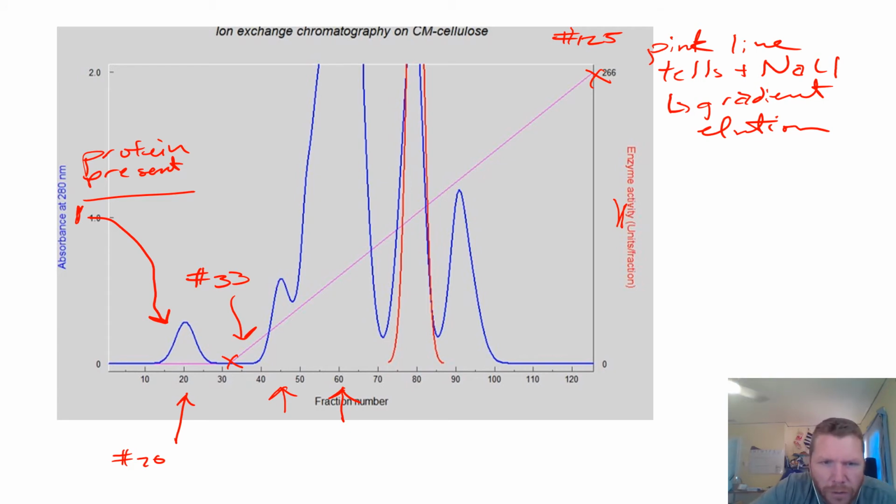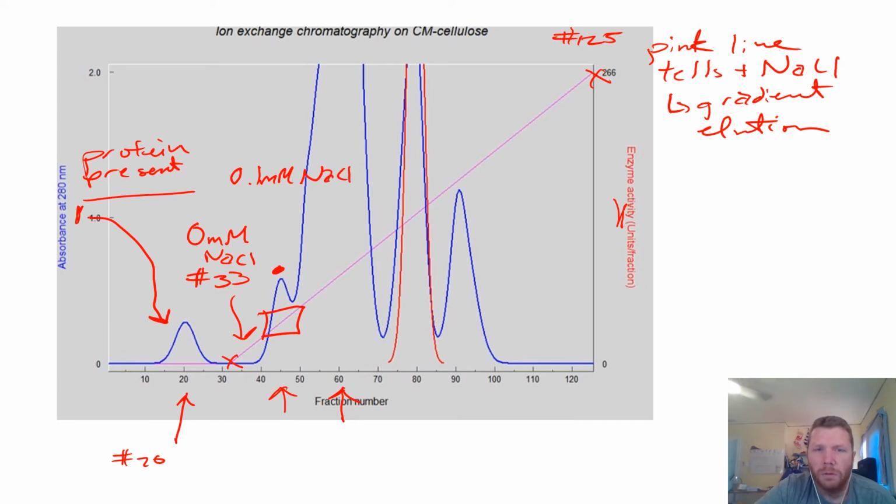Now, what does that tell you and how is that useful? Well, if you're trying to purify this protein right here, I would say that the concentration of NaCl necessary to get that protein to elute is somewhere within this range right here. I don't have hard numbers on this because I don't have the range of that gradient. You would obviously have this if you were doing the experiment. So what we could say is that in fraction number 33, we had 0 millimolar NaCl. Then in fraction number 34, we had maybe 0.1 millimolar NaCl.